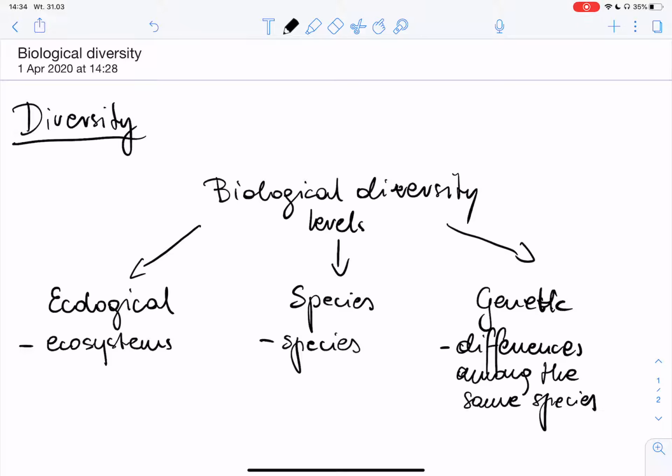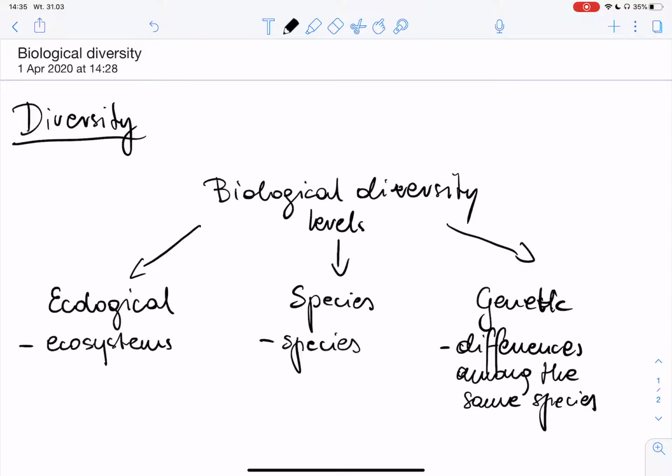So we have a group of people, and all of them are slightly different. Some are taller, some are shorter, some have bright hair, some have dark hair, and this is the genetic diversity. There are some places in the world that have a huge genetic diversity in terms of humans, but this is all mostly due to migrations.